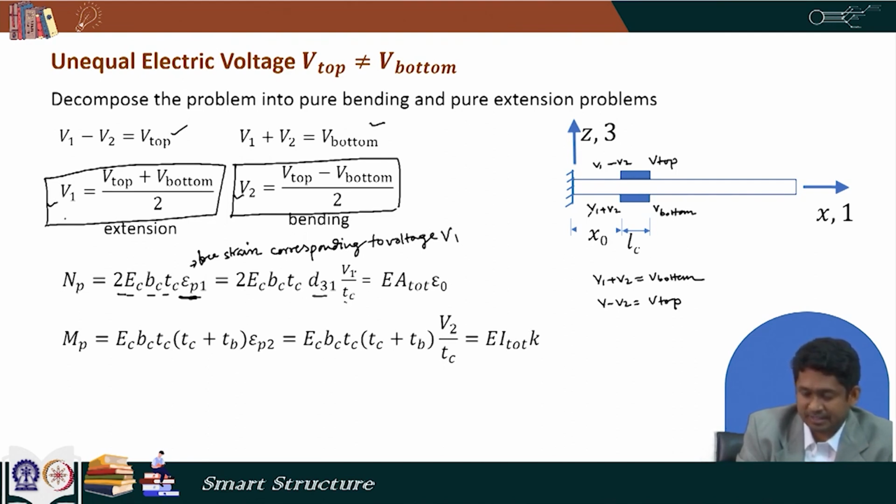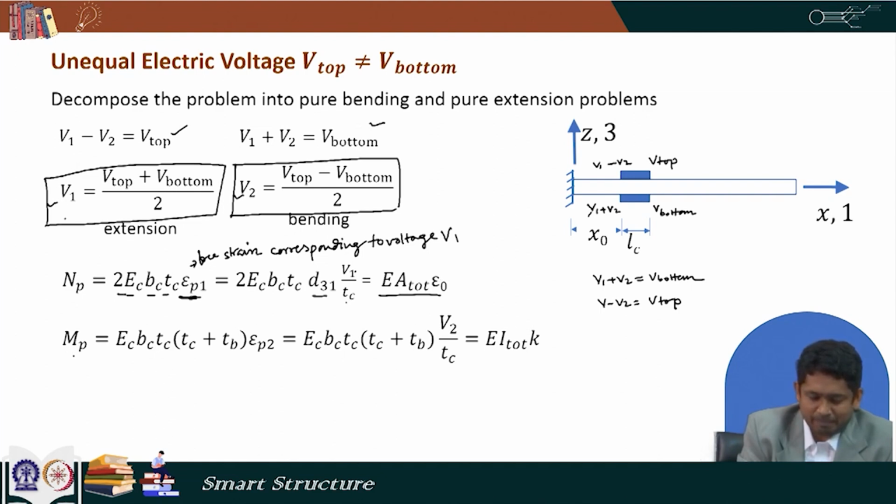TC is the actuator thickness, and this can be written as EA total into epsilon 0, which we have been doing so far. So by solving this equation, EA total epsilon 0 is equal to this NP, where NP is this, we can find out epsilon 0.